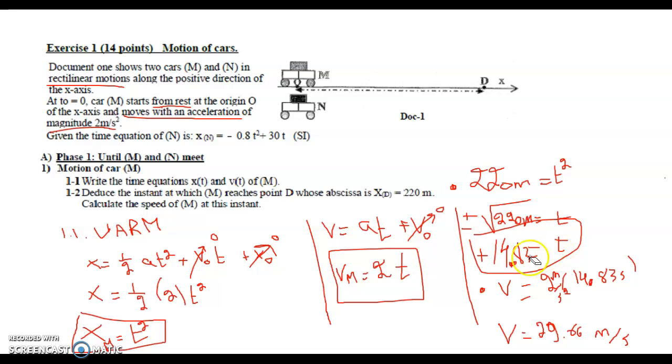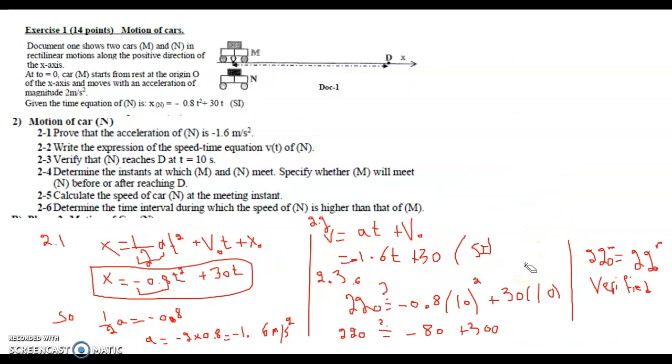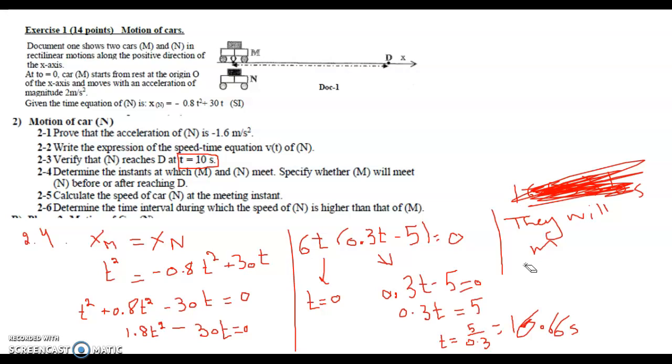It reaches D at t equal 14.83 seconds. And we calculated the time at which they meet. This means that it reaches D before they meet. That's why the answer is that M will meet N after reaching D.